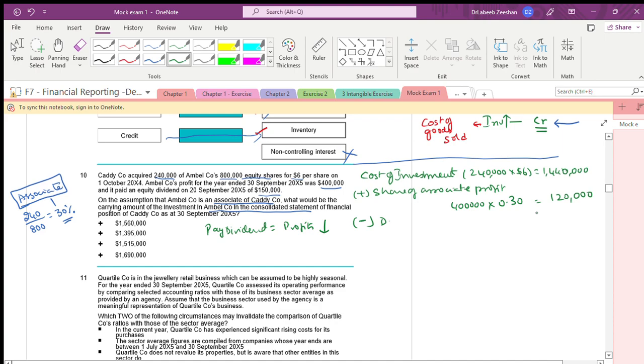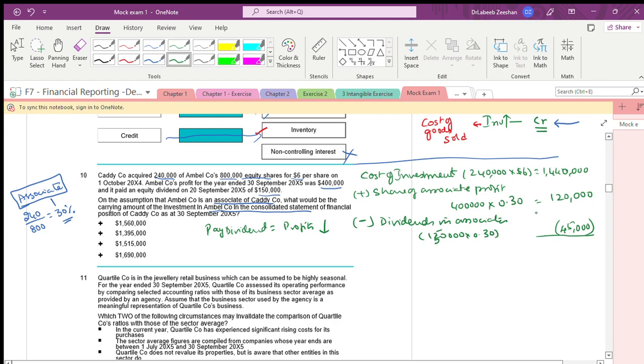Less dividends in associates, since profits will decrease. It's not 120, it is 150. 150 into 0.3 comes to 45,000.